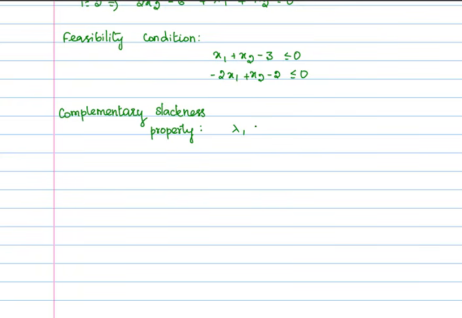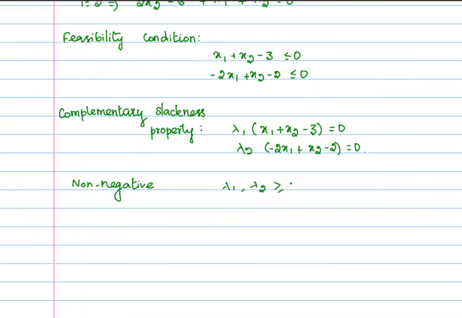So lambda 1 times (x1 plus x2 minus 3) equal to 0, and lambda 2 times (2x1 plus x2 minus 2) equal to 0. Then the fourth is the non-negativity property: lambda 1, lambda 2 greater than or equal to 0.